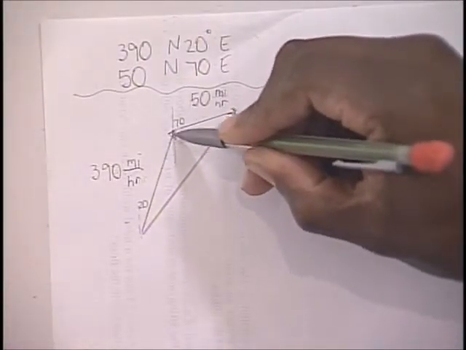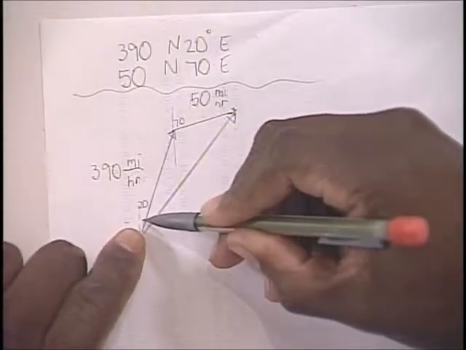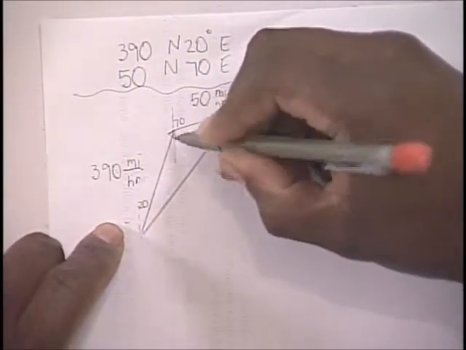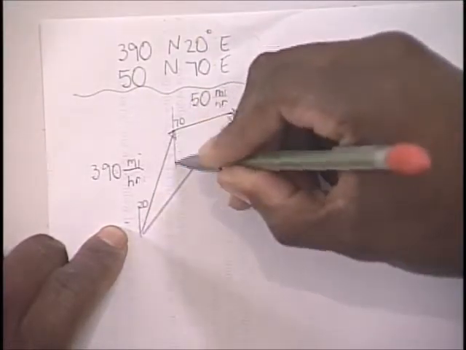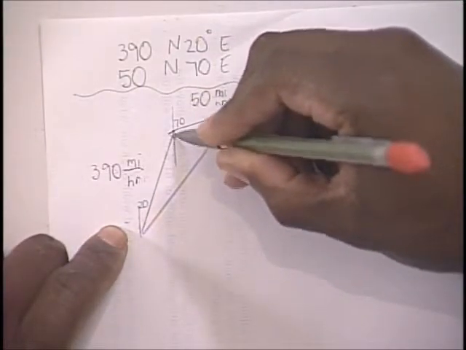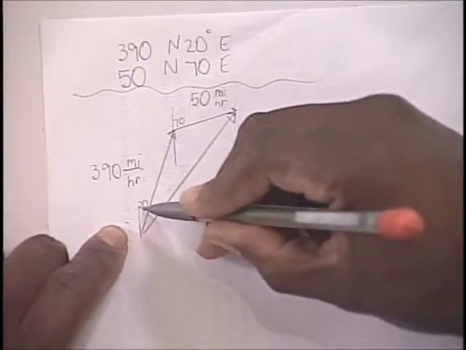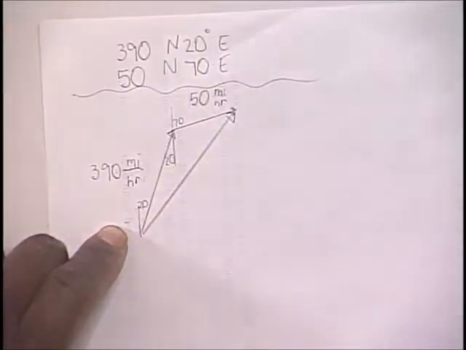If this is a 20-degree angle here, and this line is parallel to this one, then this angle here would also have to be 20.